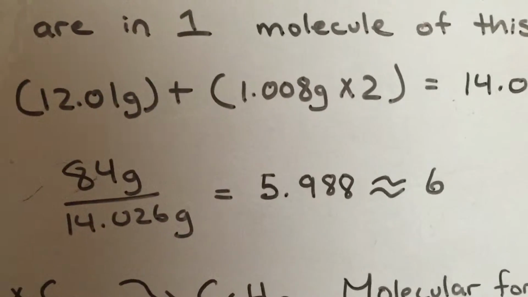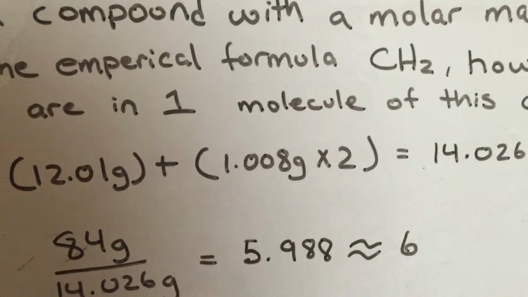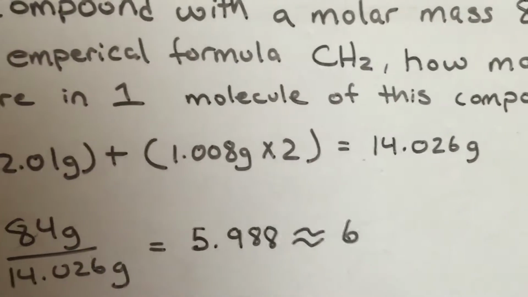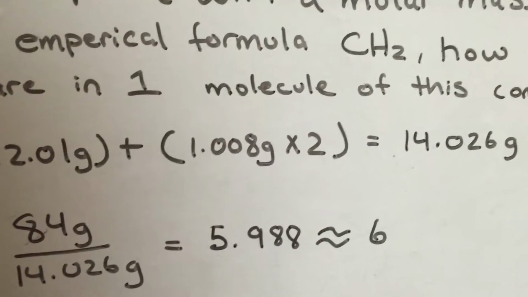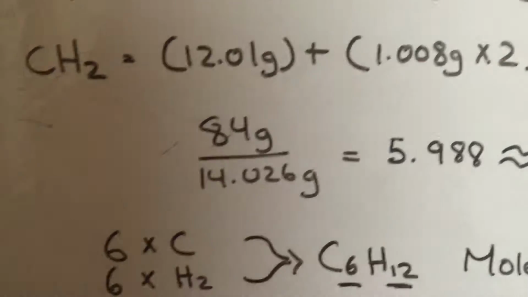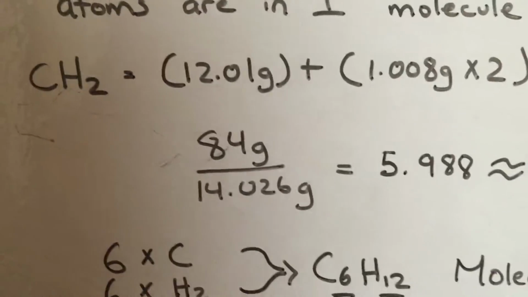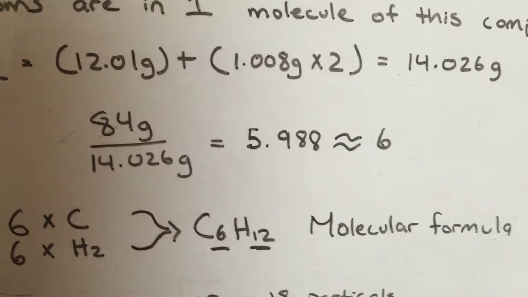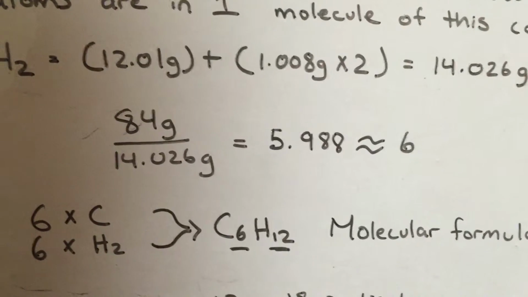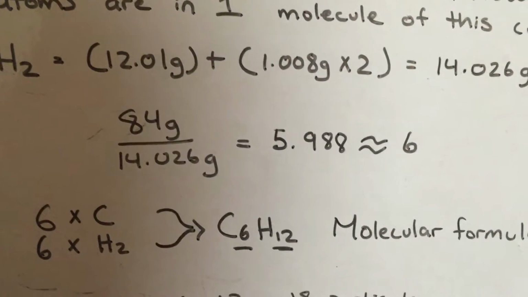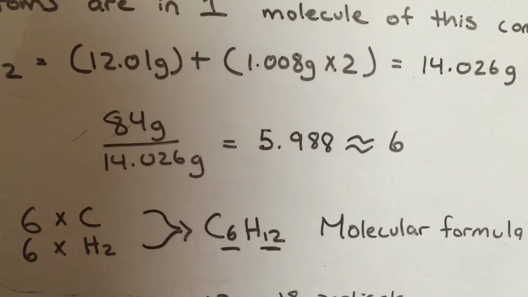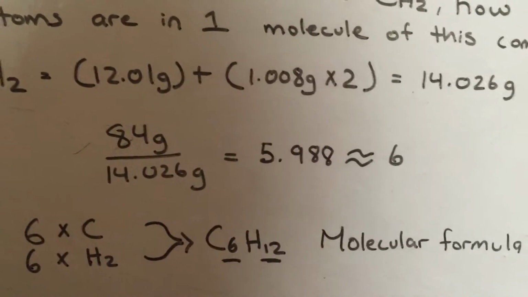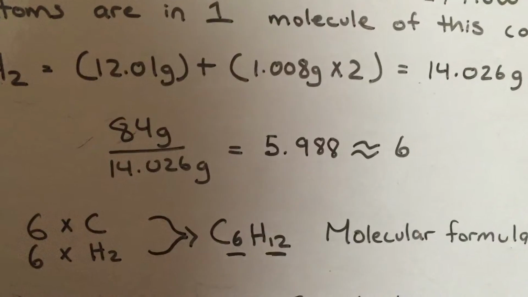Now, CH2 is our empirical formula, and based on our given mass, we multiplied the empirical formula by 6, giving us the molecular formula. 6 carbons from our original value gives us C6, and 6 times hydrogen, which we originally had as H2, gives us H12.